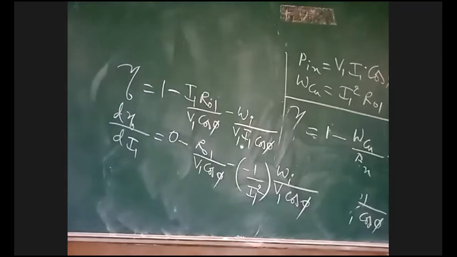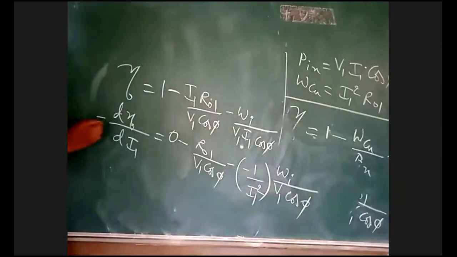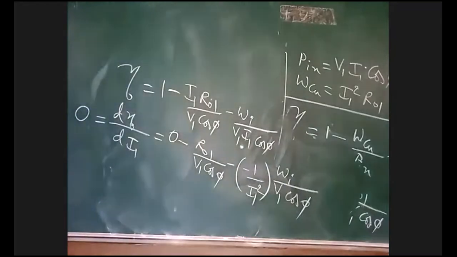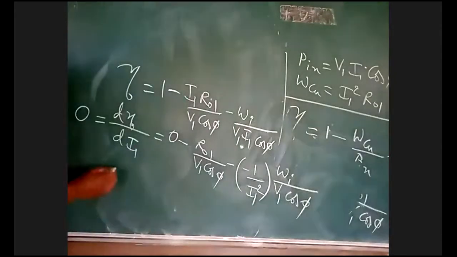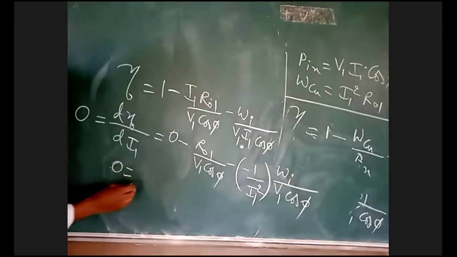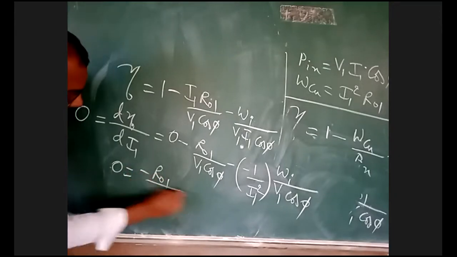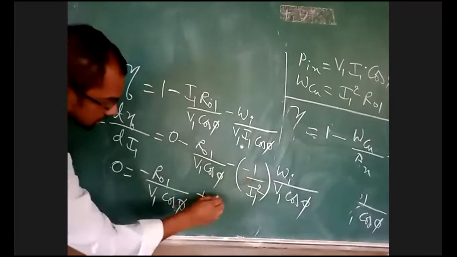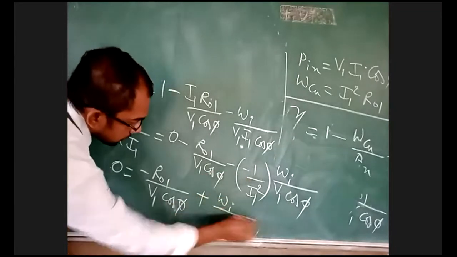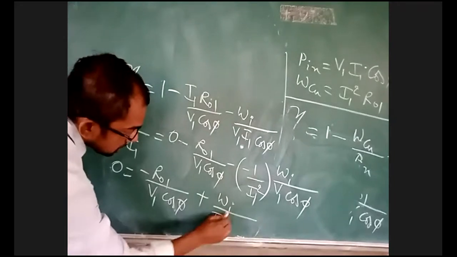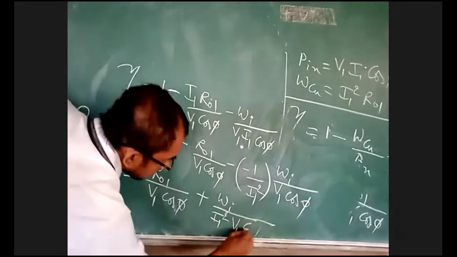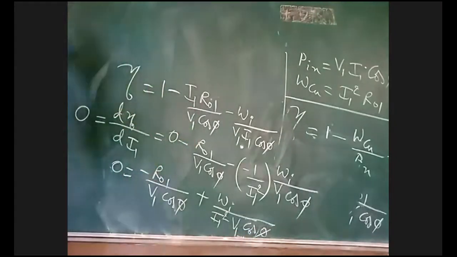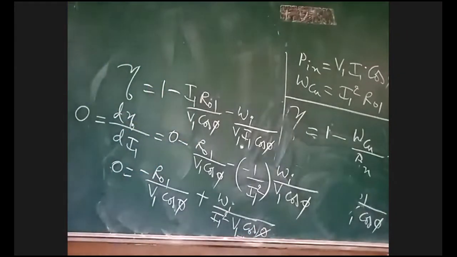Now in the next step, take this derivative d eta by dI1 equal to 0. That is 0 is equal to minus R01 by V1 cos phi minus of minus, plus Wi by I1 square V1 cos phi. Minus of minus is plus.